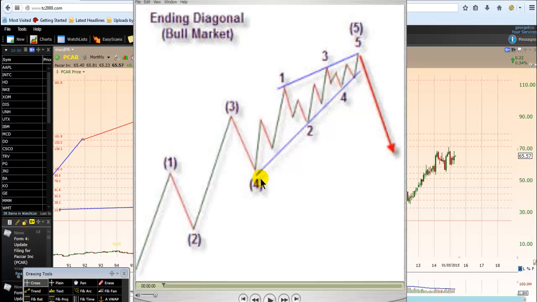It is strange because normally, according to the wave principle, the first wave, the third wave, and the fifth wave are divided into 5 minor waves. But as you can see here, the first minor wave of the ending diagonal has been divided into 3 instead of 5, which is a strange thing, but there is a reason for it.